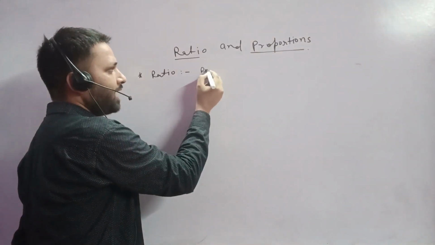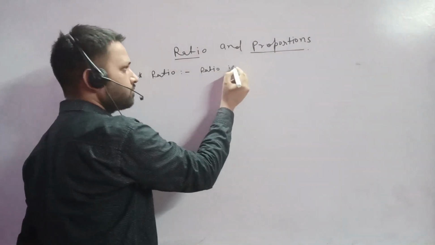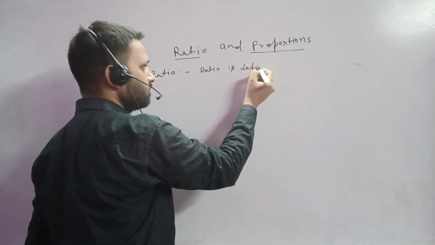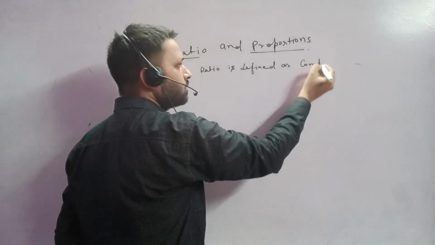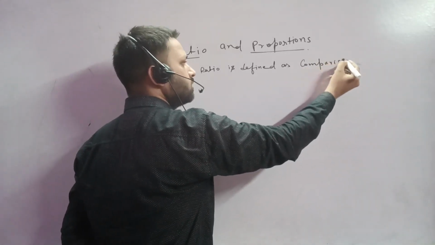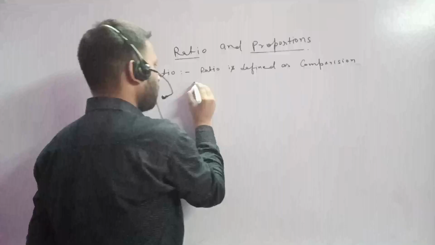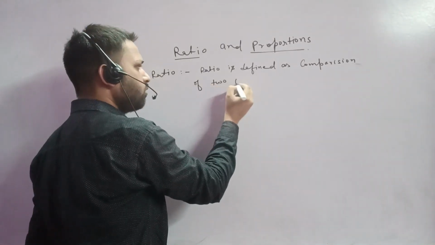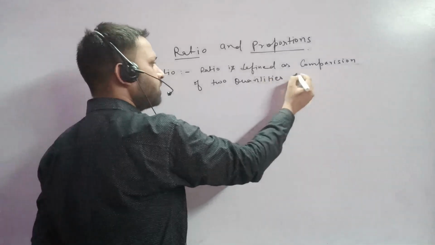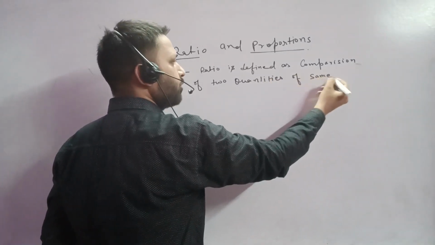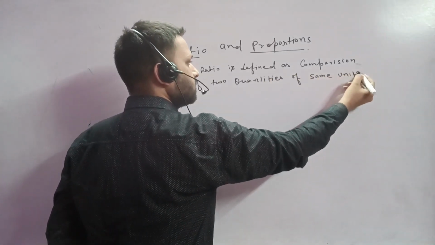Ratio is defined as comparison of two quantities of the same unit.